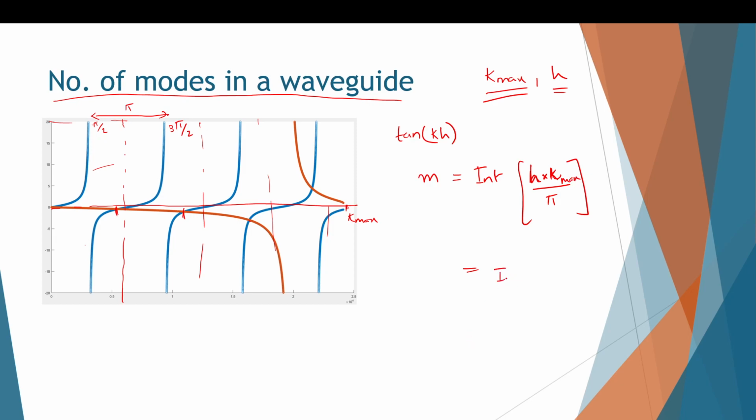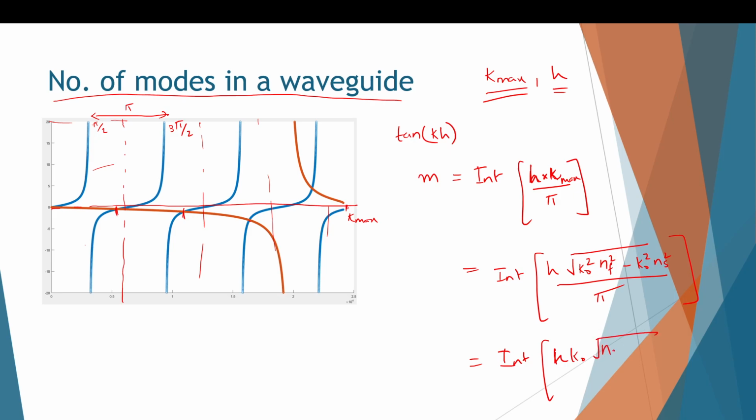So that is nothing but the integer. Just now we had seen what kappa max is. Kappa max is nothing but root of k naught square nf square minus k naught square ns square. We can simplify this. Integer of h, k naught square is there in both the terms, right?